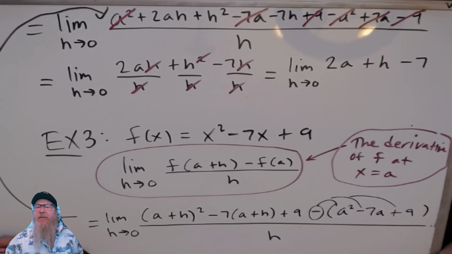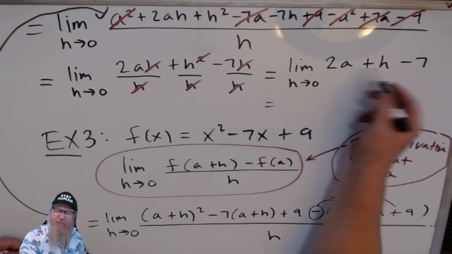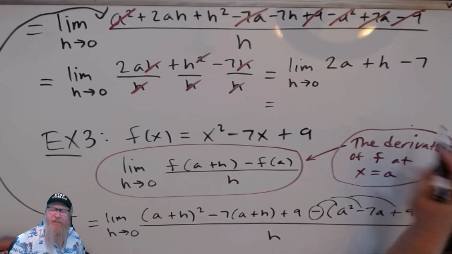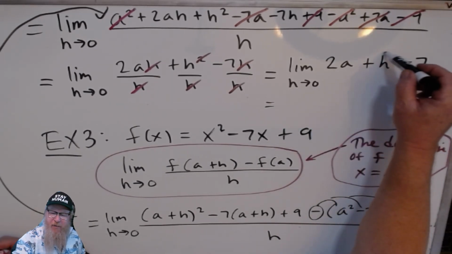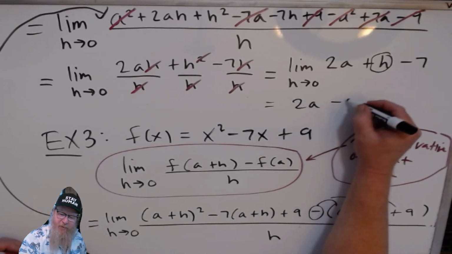And remember, I've said this before, calculus is 90% algebra, so 90% of the work you do is algebraic, and then one tiny little bit of calculus. I don't even know if you can call that 10%. It's even less than that. It's just one step. h goes to 0, so you're just plugging in 0 here. 2a minus 7.